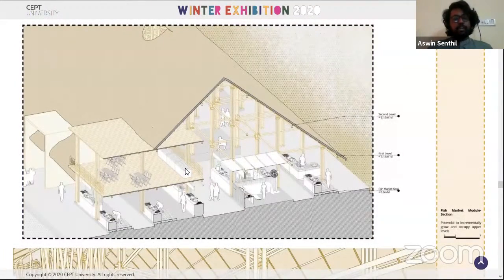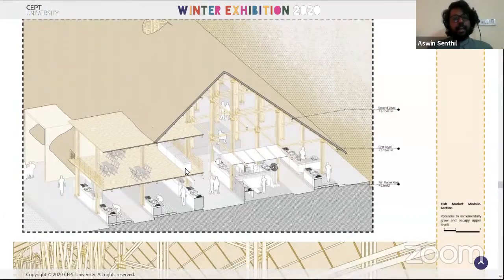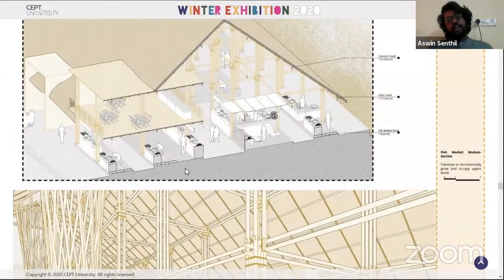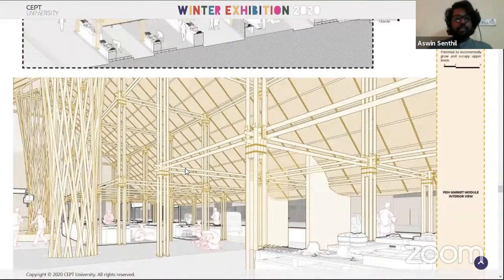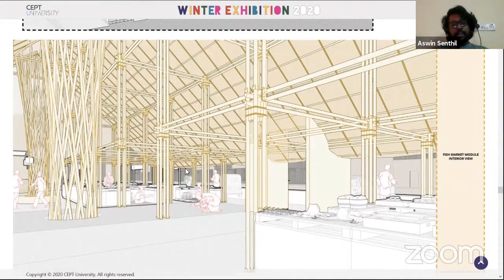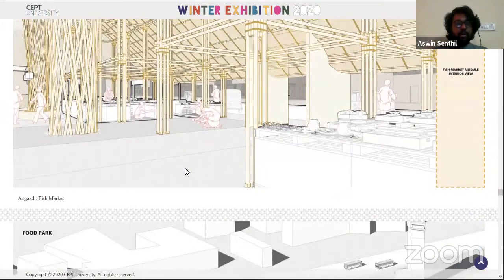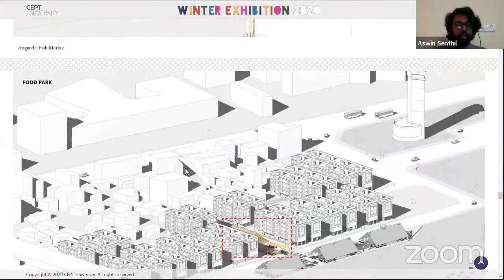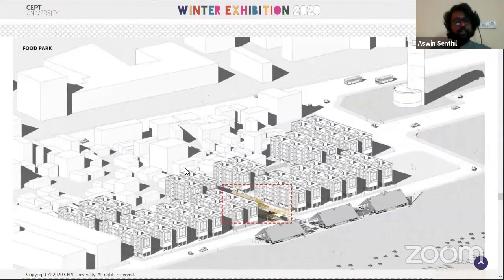These casuarina gullies act as an open framework which enables appropriation, adaptation, and incremental growth, letting people do it themselves. Thereby we look at resources not only as material but also as labor, the people who occupy it and actually use it, the user consumers of it.